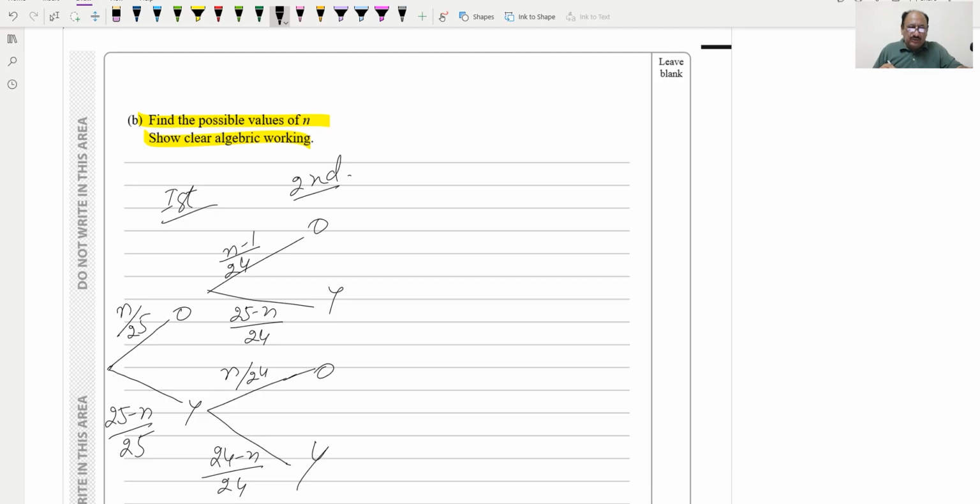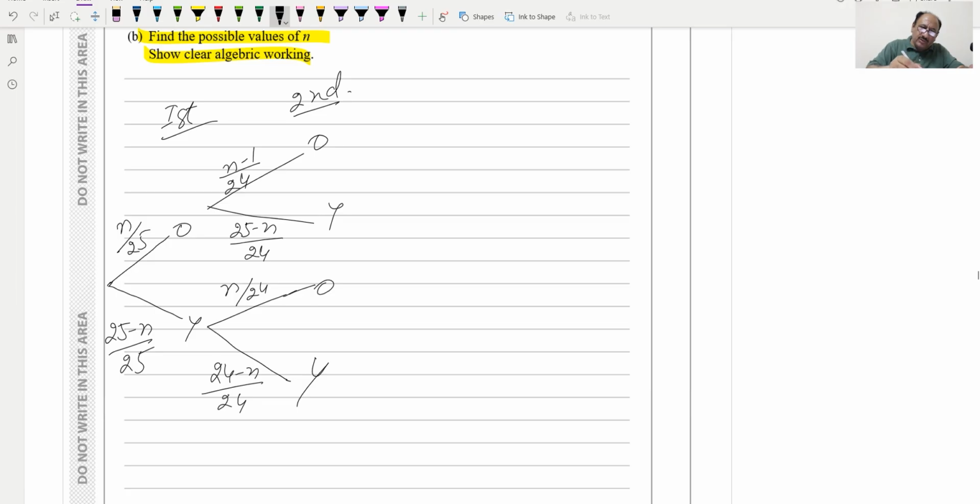Now we can check for two different colors, which option gives that. We need to find the n value. For different colors it will be this route and the second will be this route. So these two routes we will be checking for the probability of different colors.